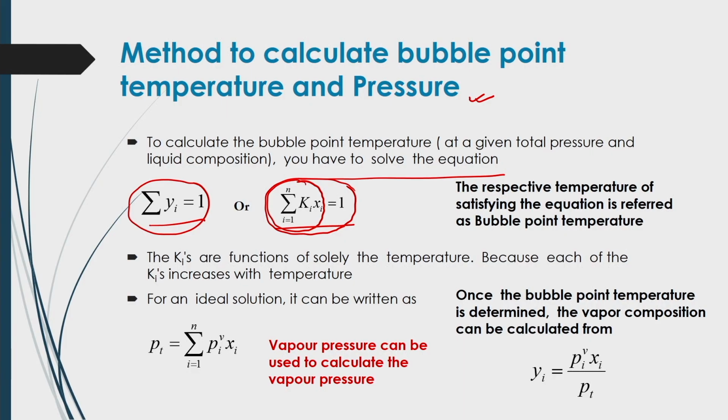For an ideal solution, the total pressure will be equal to the summation of P_i^v into x_i, that is, the partial pressures of the components in the mixture. The partial pressure can be calculated from the vapor pressure at that equilibrium condition. That is why the summation of vapor pressure into mole fraction at that equilibrium condition will be equal to the total pressure.